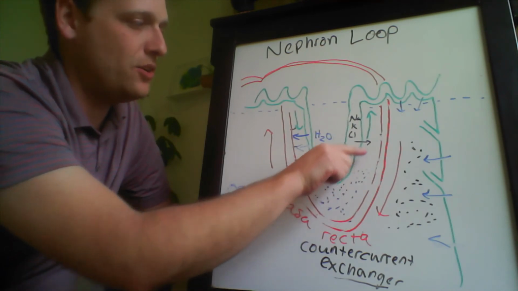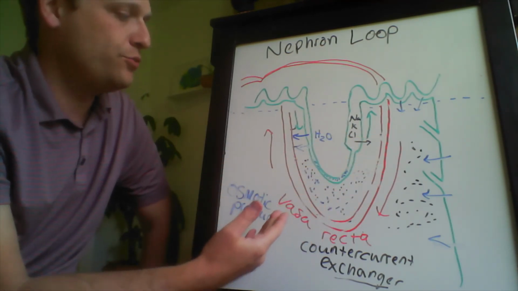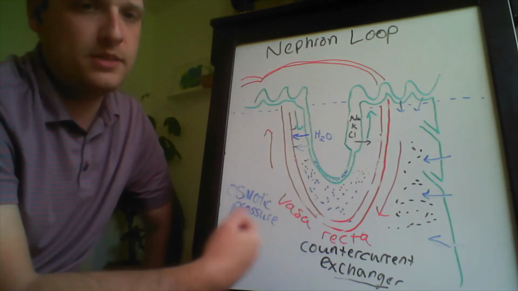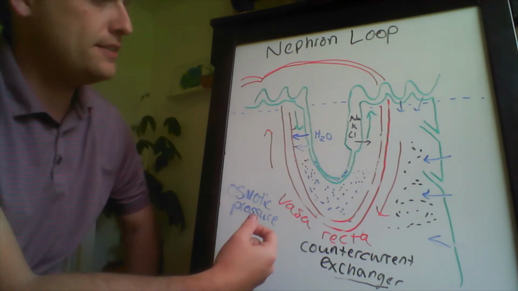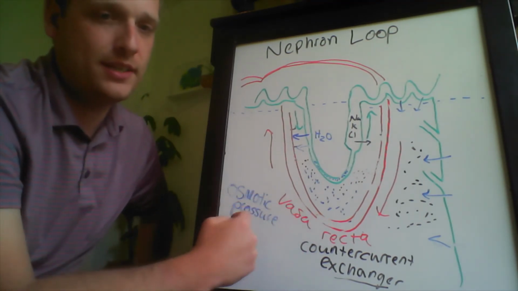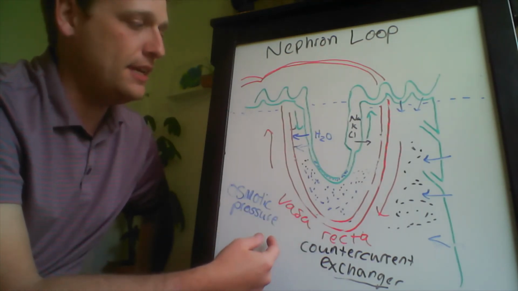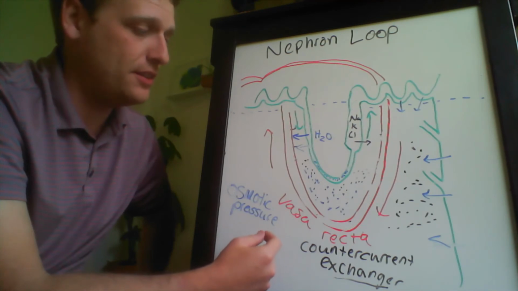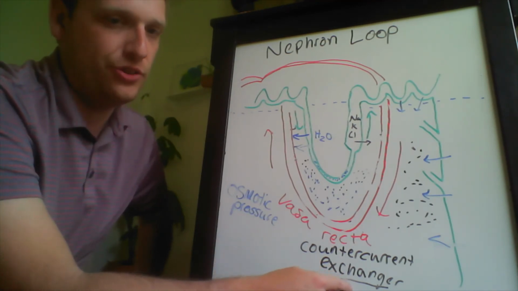So you might think that sodium would diffuse into this vasa recta, and that would remove this osmotic gradient that we've established. But that's not actually the case. So what happens is, in the vasa recta, which is just another name for the peritubular capillaries that you see in juxtamedullary nephrons, we have a system called the countercurrent exchanger.